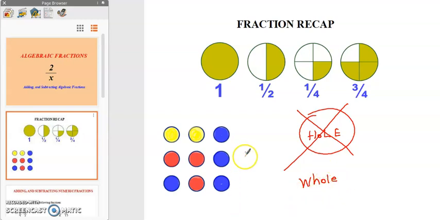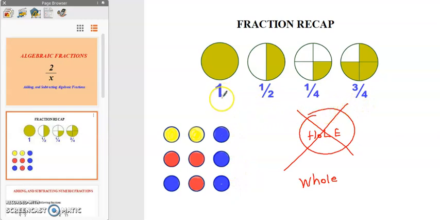So if you look at these 4 fractions here, the entire circle is a whole, that's the entire portion, and each circle is also accompanied by a specific fraction. Back where we said a fraction is a part of a whole, let's investigate each of these.